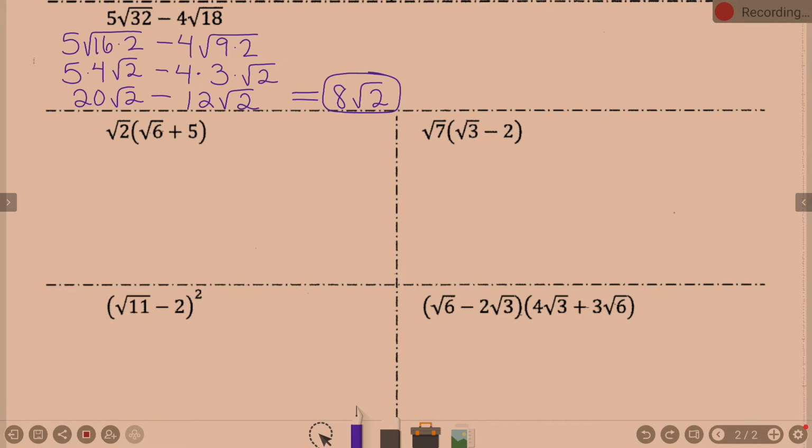And often when we have one piece outside the parentheses and two terms inside the parentheses, what do we think we have to multiply? 2 times 6 and 2 times 5. Right. That square root of 2 has to, can I throw in a math word for you? Yeah, distribute. So we have to distribute.